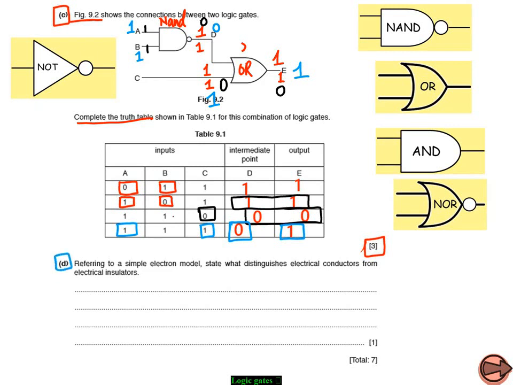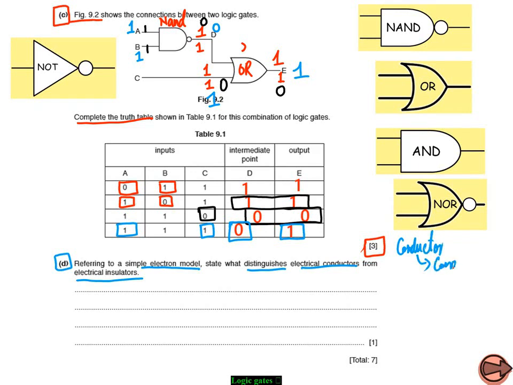For part D, first of all, we need to understand the simple electron model, and we need to distinguish electrical conductors from electrical insulators. A good conductor means it conducts electricity easily. So when I say conductor, it means a material that can conduct electricity easily.